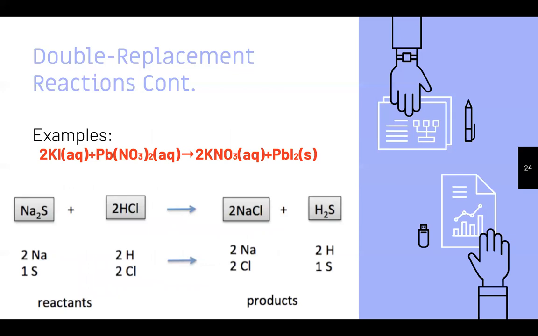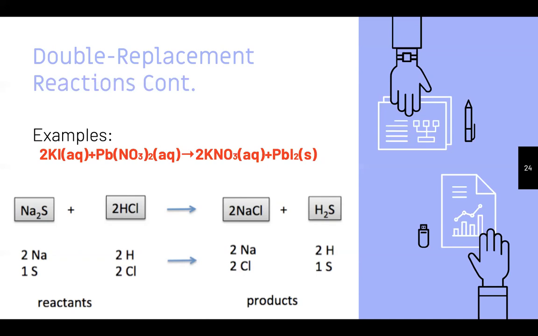Double reactions continued. I gave an example of a double reaction up top, but also at the bottom you can see a little bit better. It even shows you how many there are in each for when balancing it. The sodium will take the spot of hydrogen, and hydrogen will take the spot of sodium, forming those two new compounds.